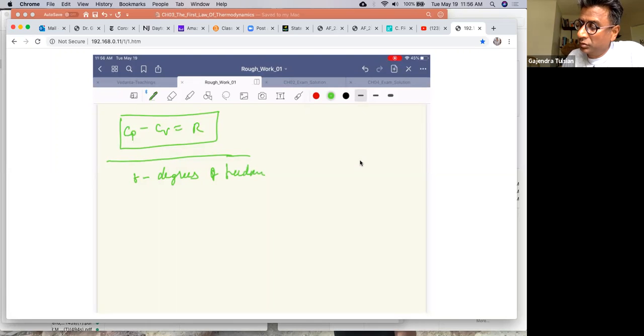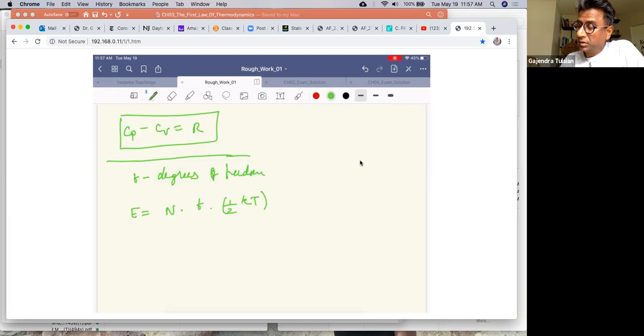So the internal energy of the system is the number of molecules times the number of degrees of freedom, and each degree of freedom contributes this much energy to the system if the system is at temperature T. That's the equipartition of energy.